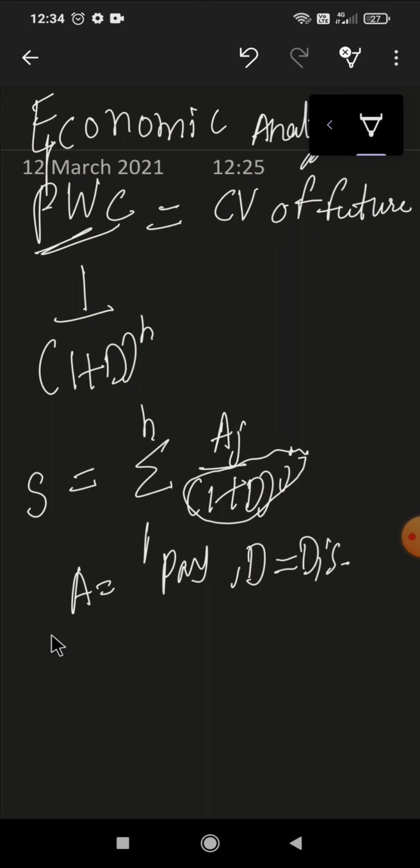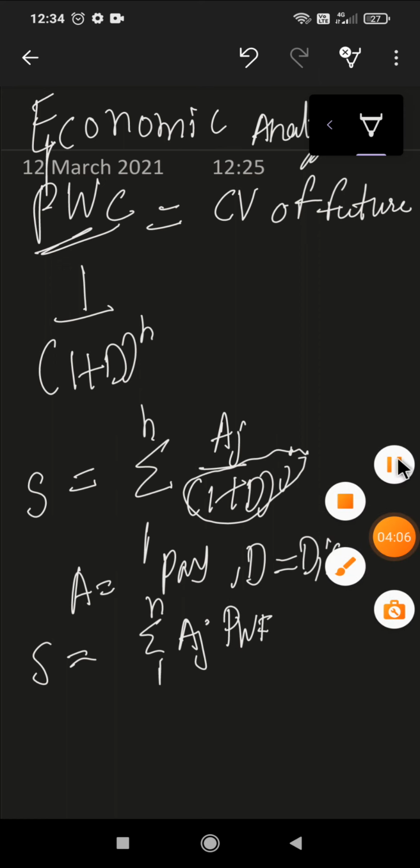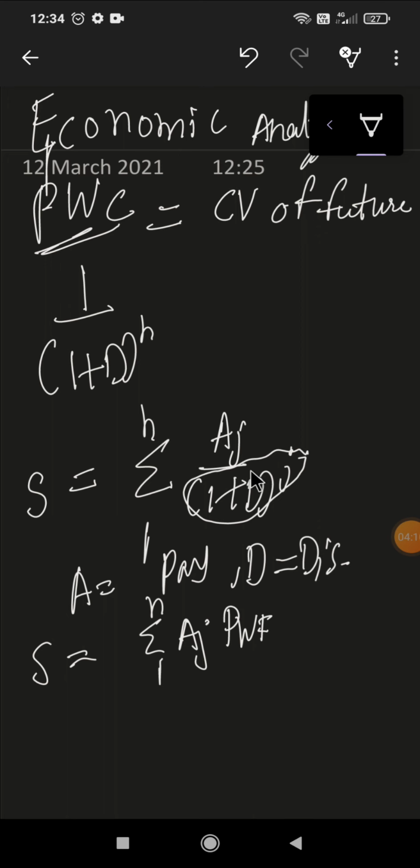So the sum is equal to sigma j from 1 to n of aj into PWF, the present worth factor. There is a relation between all the successive payments and the initial payment, that is, aj will be equal to a1 into (1 plus i) raised to j minus 1.